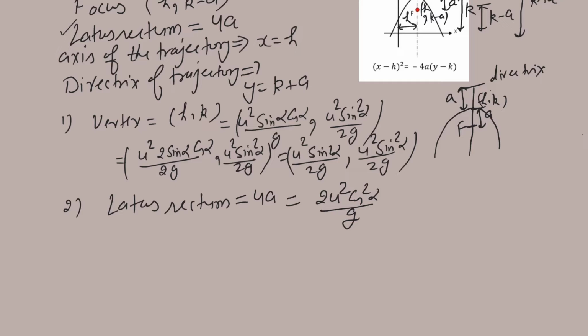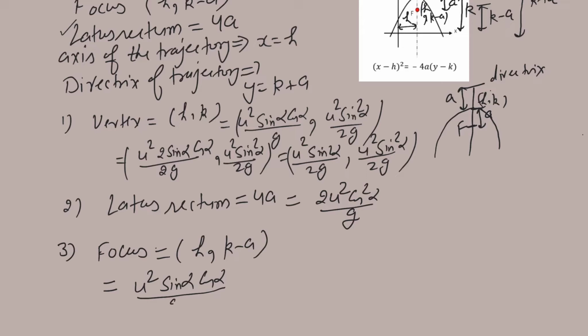Number 3, we are determining the focus. So focus has coordinates h comma k minus a, and what is the value of h? u square sin alpha cos alpha by g, comma what is the value of k? k is u square sin square alpha by 2g, you can refer to equation number 3, and what is a? a is 1 by 4 of 4a, and 4a is 2 u square cos square alpha by g.